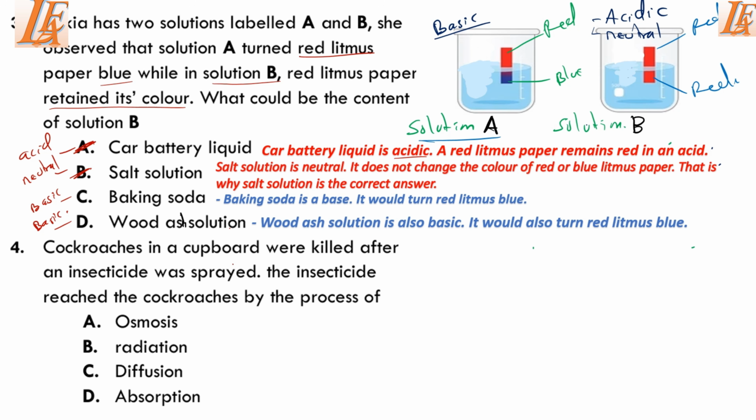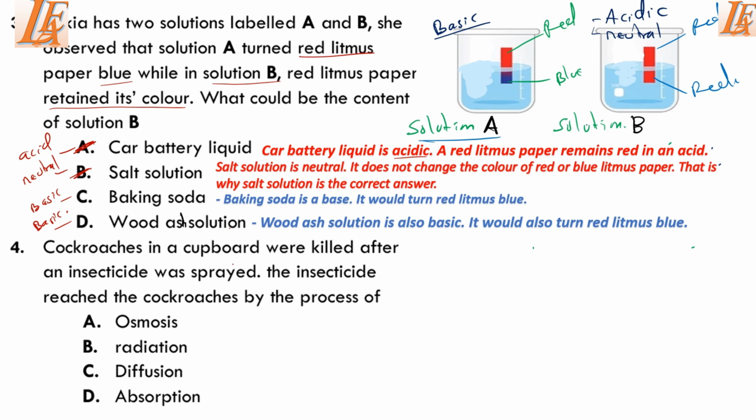Question 4. Cockroaches in a cardboard were killed after an insecticide was sprayed. The insecticide reached the cockroaches by the process of, now in this case, we have a room and then an insecticide is sprayed. Then this insecticide moved from where it was sprayed to where the cockroaches were. Now we have been asked, the insecticide reached the cockroaches by the process of A, osmosis, B, radiation, C, diffusion, and D, absorption.